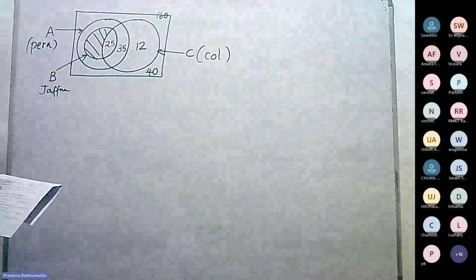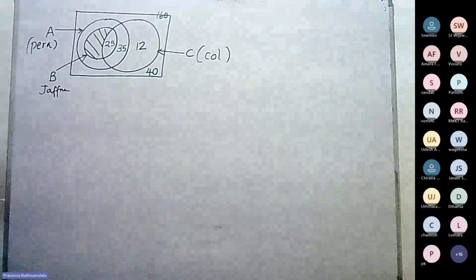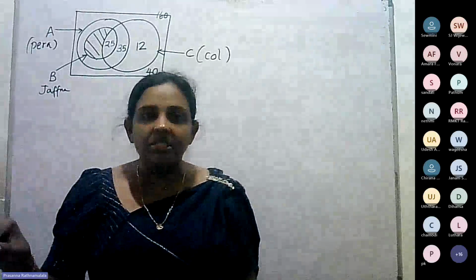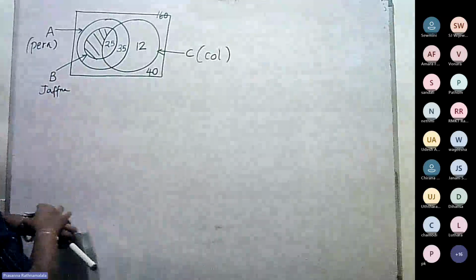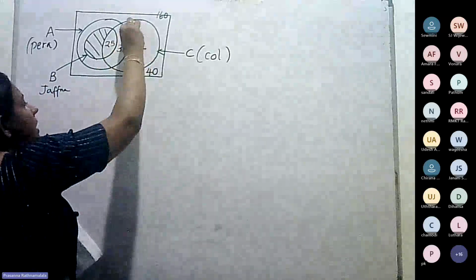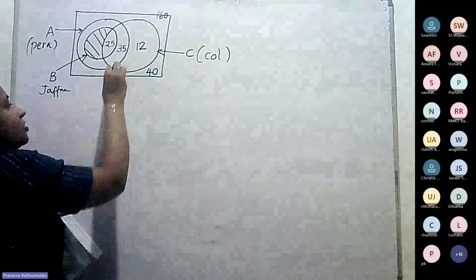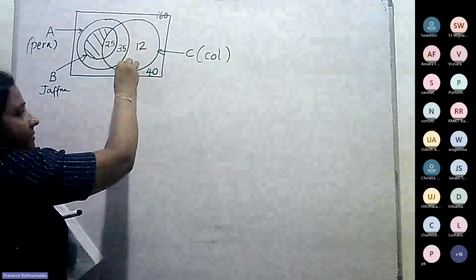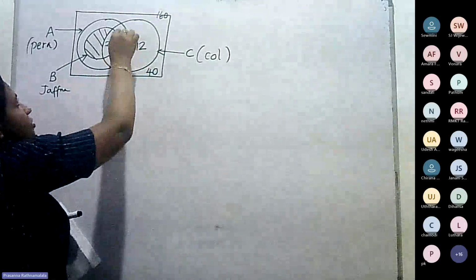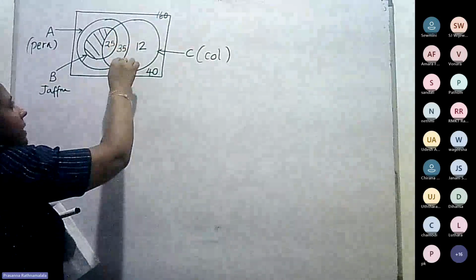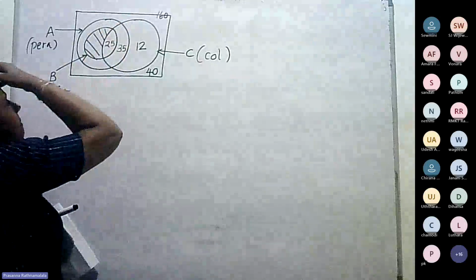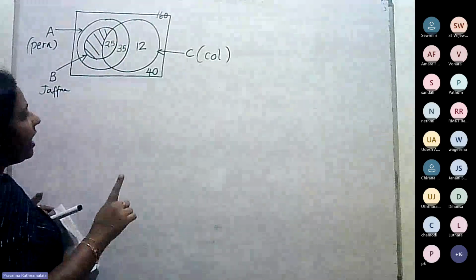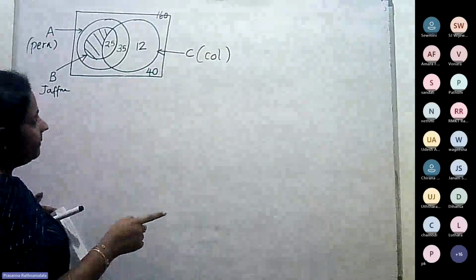number of students who applied only to the Colombo medical faculty. Then you have to describe all these regions in words. This is the students who applied to Colombo only.